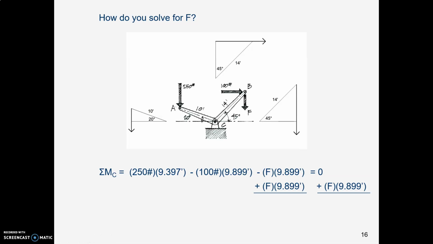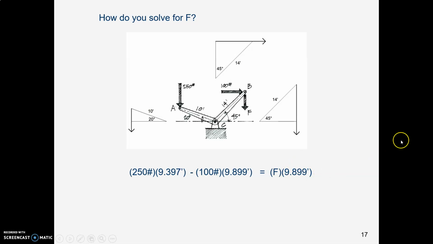So we'll add F times 9.899 to both sides. Those two terms will cancel out, and we'll be left with this term, 250 times distance, minus this term, 100 times this distance, equals F times this distance.